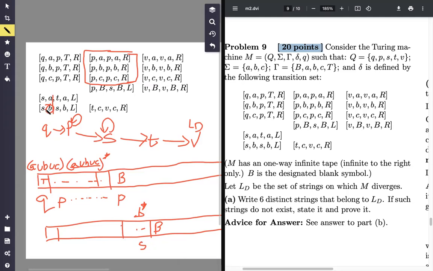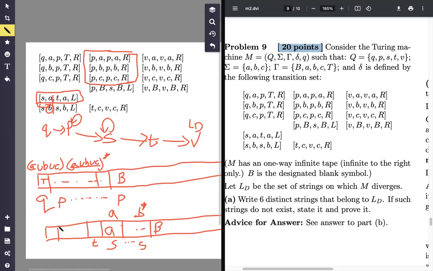It doesn't matter how many B's I see at the end. I'm just going to keep moving to the left. But I eventually will need to see an A in order to continue on. So that means from this star, there was an A followed by a bunch of B's, or an A followed by no B's. But this is enough for me to now move left and go to state T.